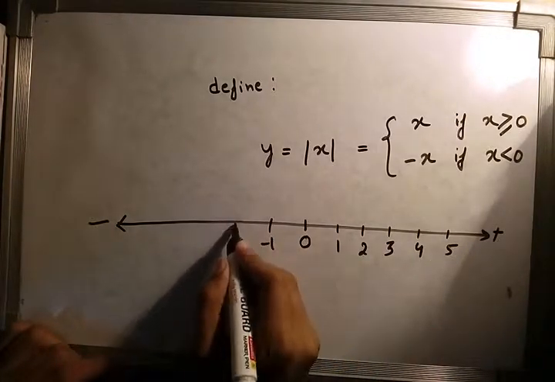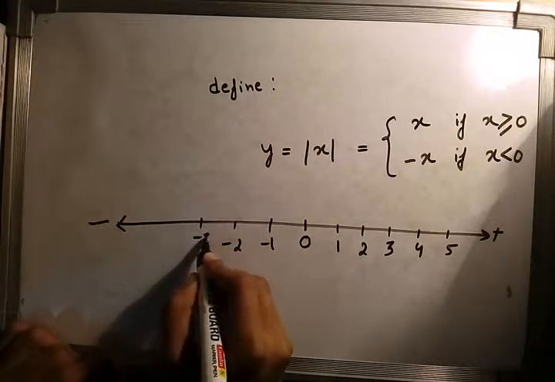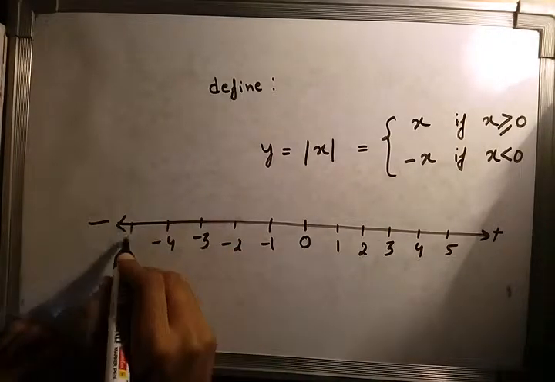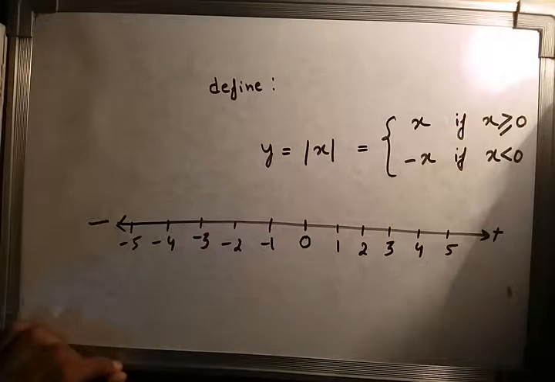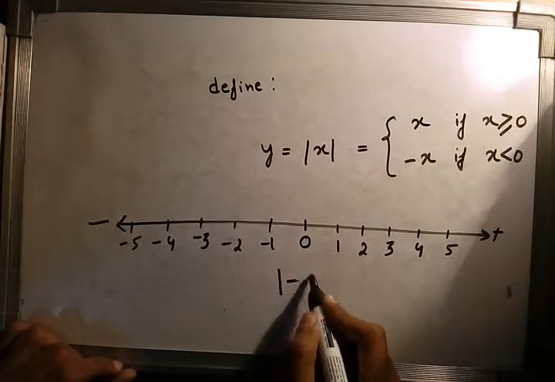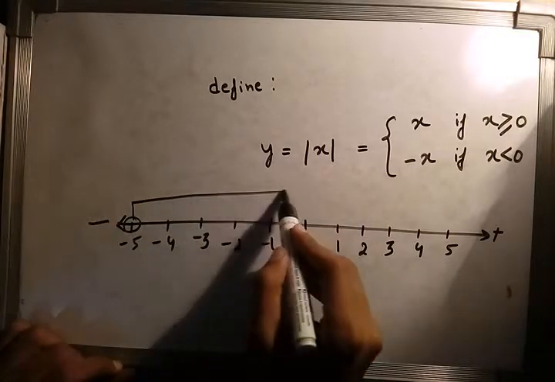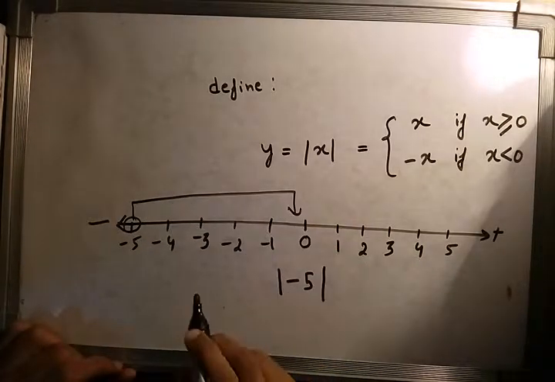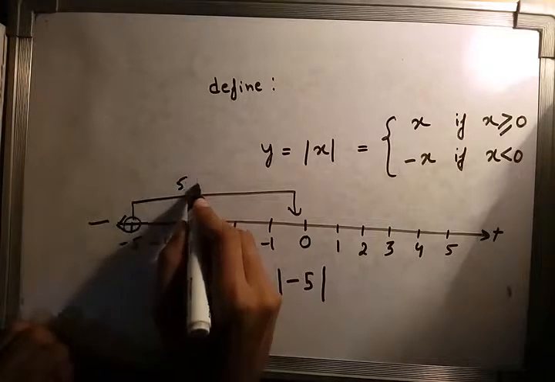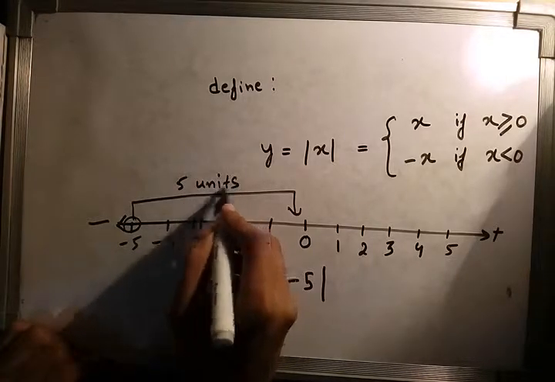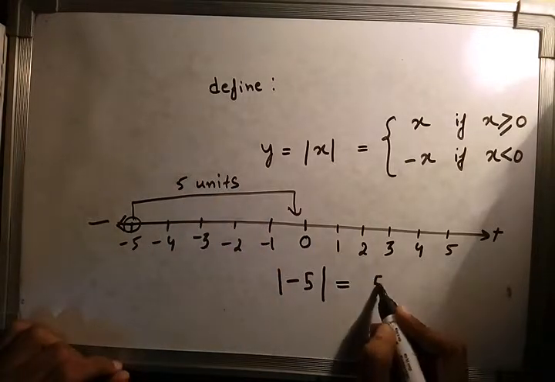Here minus 1, minus 2, minus 3, minus 4, minus 5. So if I say modulus of minus 5, it means the distance of minus 5 from 0, and undoubtedly it is only 5 units. So I'm going to say mod of minus 5 is 5.